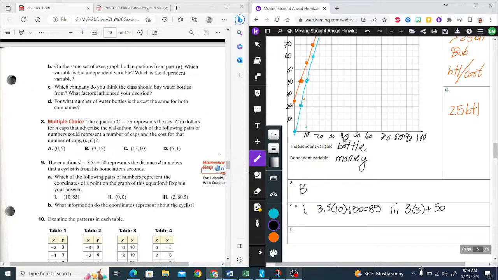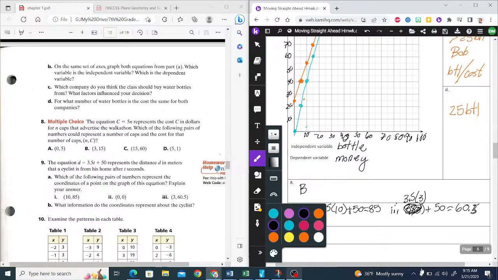The 3.5 is the rate. That gives me 60.5. So the point 3, comma 60.5 is also a point that's going to work.